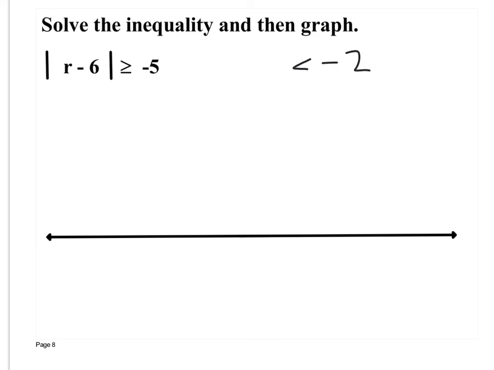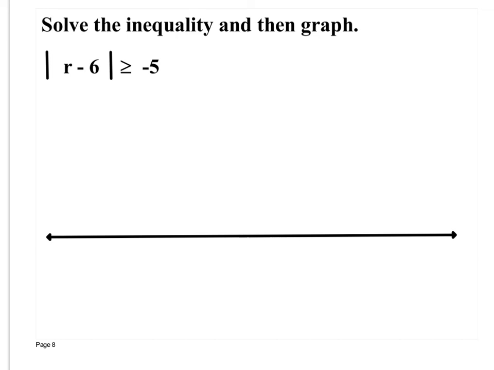There's a difference here, because this says the absolute value of r minus 6 is greater than or equal to negative 5. Absolute value cannot be negative, but think about greater than or equal to negative 5. Most of those numbers are positive, aren't they? Is 0 greater than or equal to negative 5? Is 1 greater than or equal to negative 5?